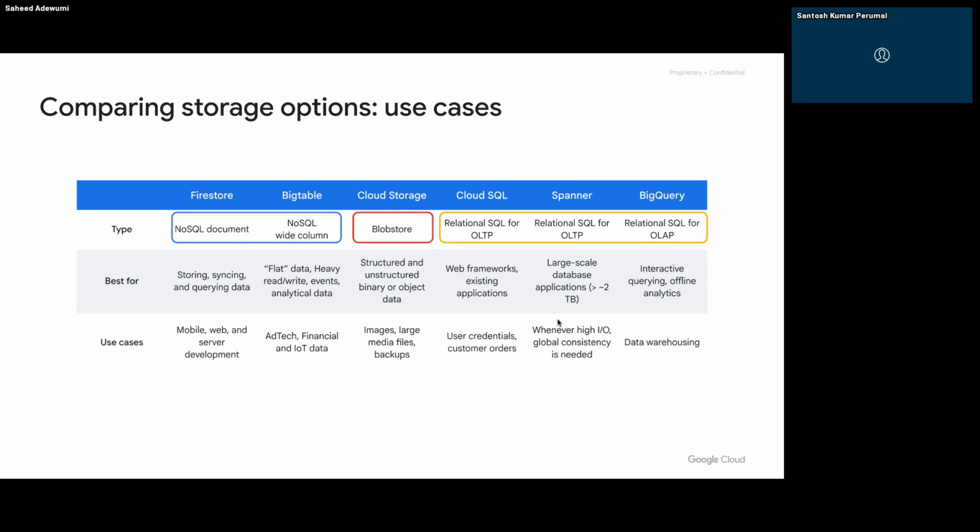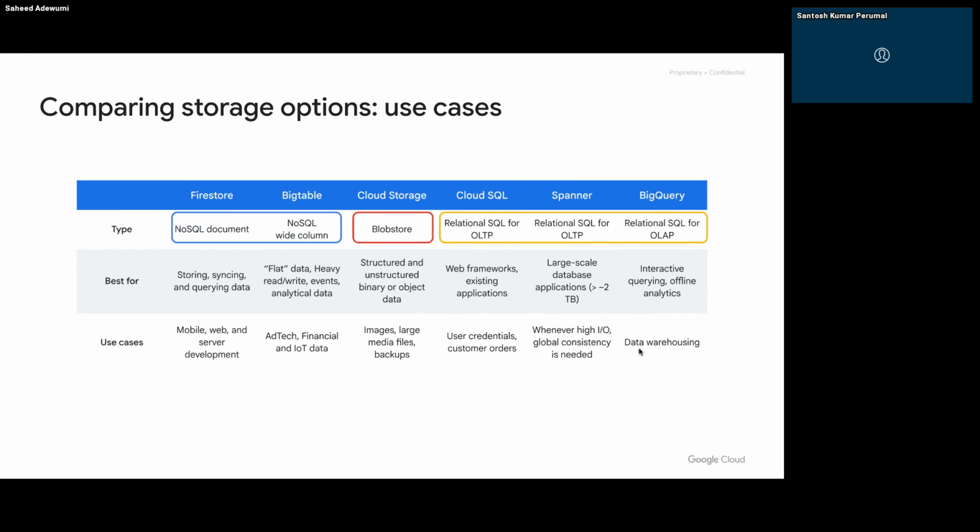For Spanner, you can see here we use it for the same use case as Cloud SQL, but with global consistency. We have to consider availability, as it can process millions of records at once without any issue compared to Cloud SQL. Cloud SQL may face some latency challenges compared to Spanner. So I think that is the major difference between Cloud SQL and Spanner.